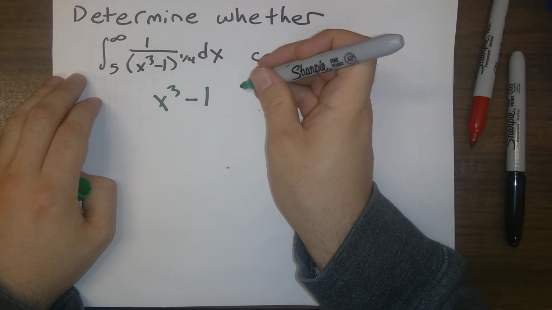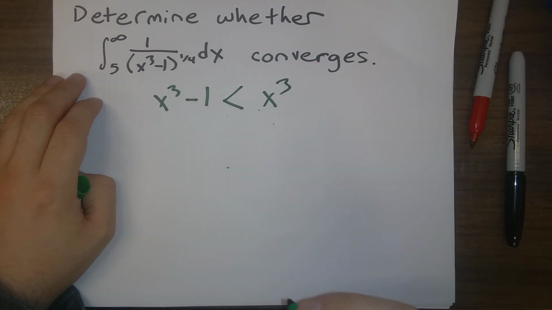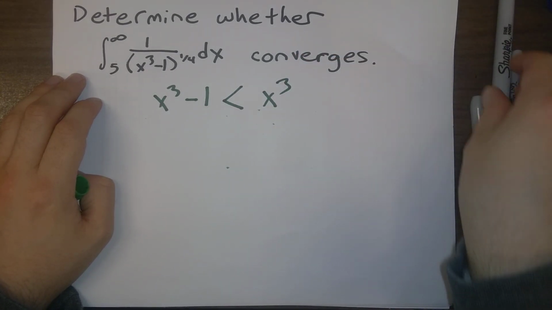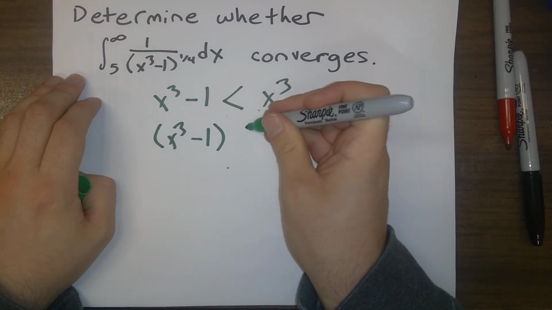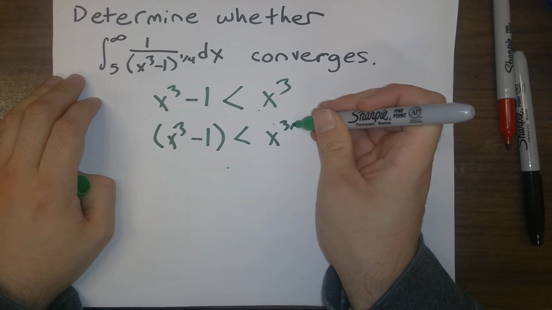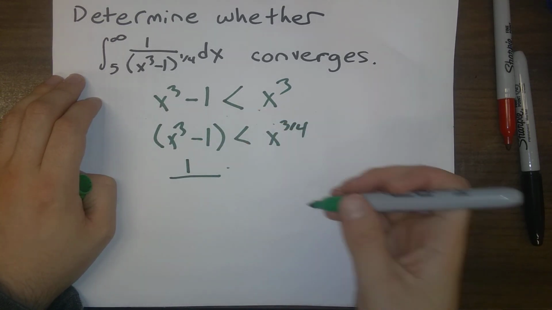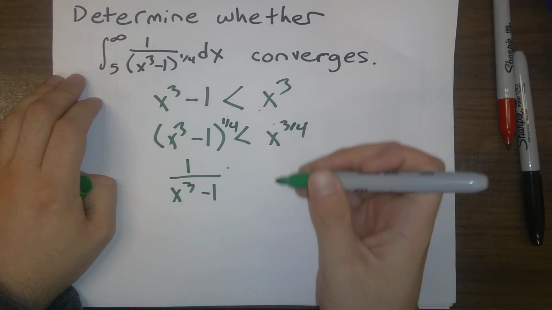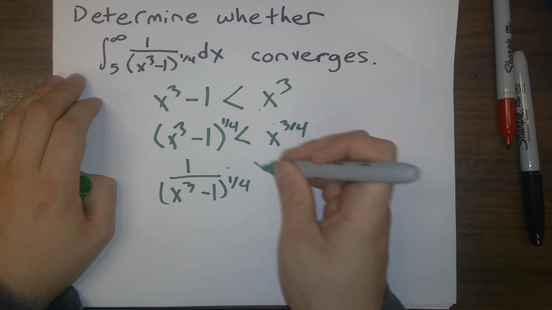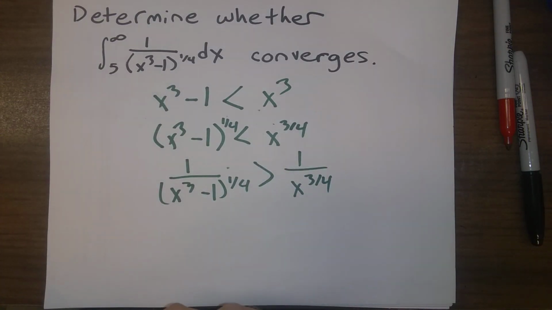We observe that x cubed minus 1 is less than x cubed. If we take the 4th root of that, that's still true. And if we take the reciprocals, just as before, taking reciprocals is going to change the direction of our inequality.